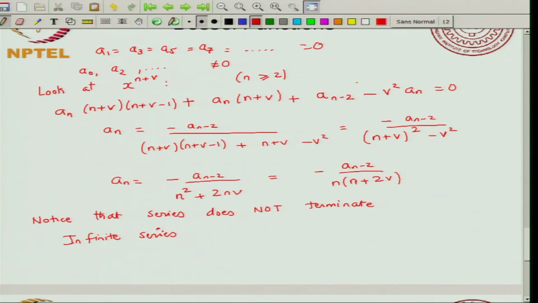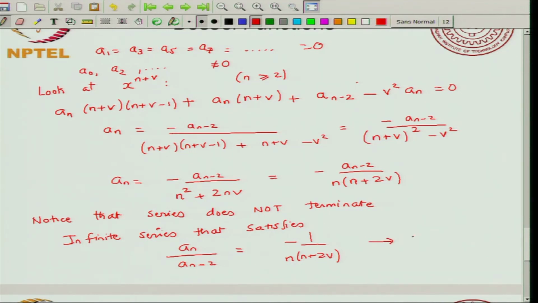However, you have one property for this infinite series: a_n divided by a_{n-2} is equal to minus 1 over n(n plus 2v).